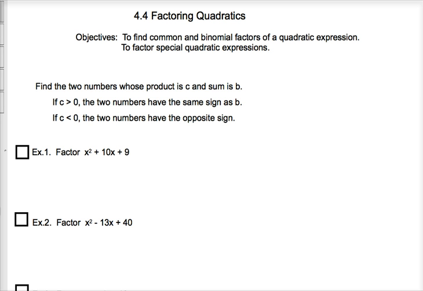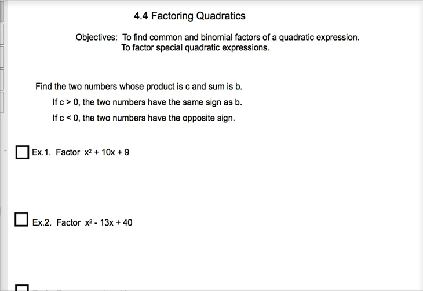Otherwise, we'll also find common factors, which is anything that goes into every term that's given to you. Finally, we'll finish off with some special quadratic factors: a difference of squares, and then a perfect square trinomial, which factors into a binomial squared.